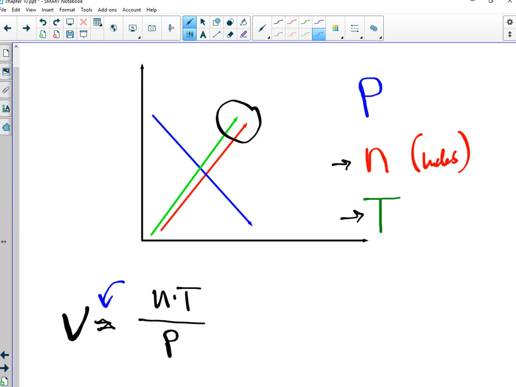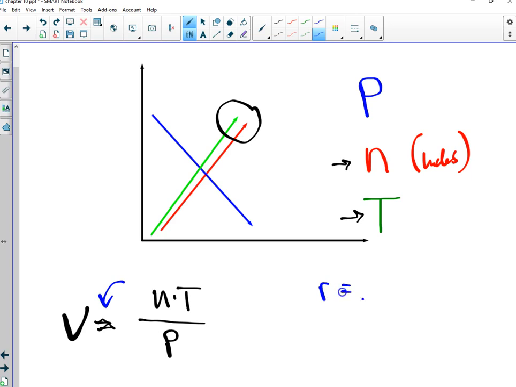So to make all of these things talk to each other, they came up with a constant, and they call it R. And I don't remember why it's called R. There is a reason. But R has the units of moles, temperature, and pressure. It makes all three of the things talk to each other.